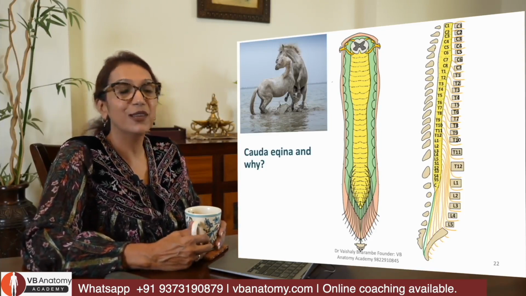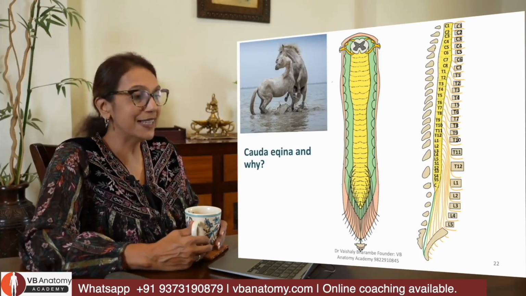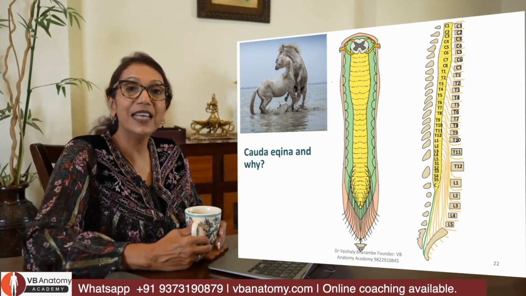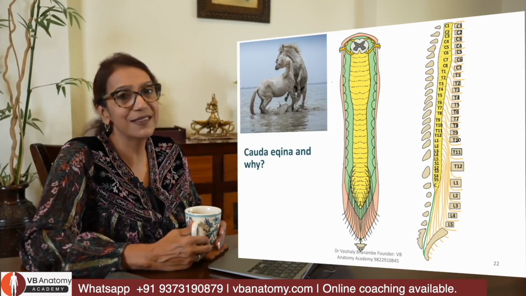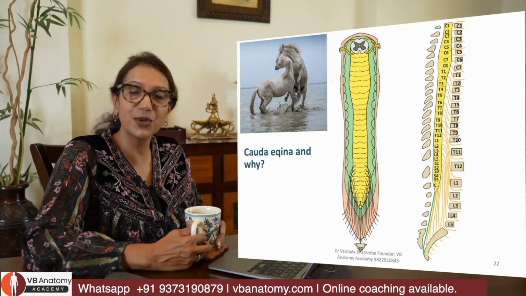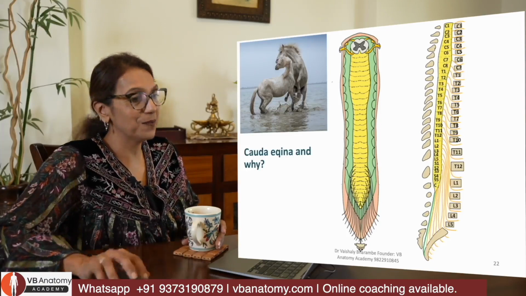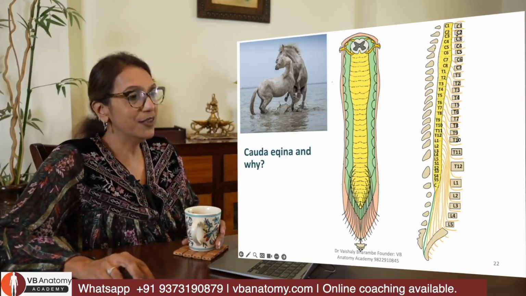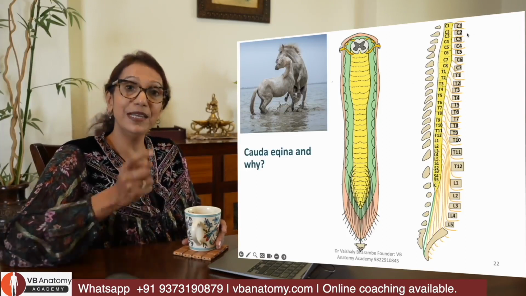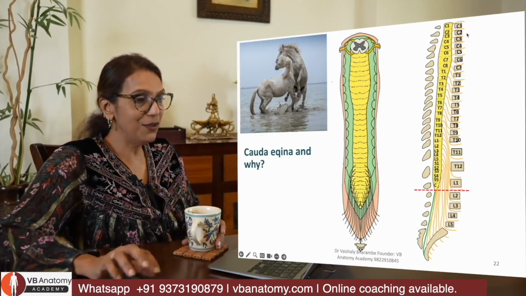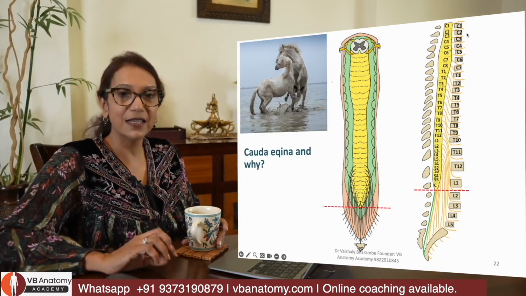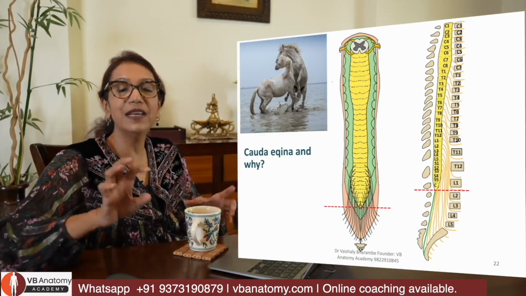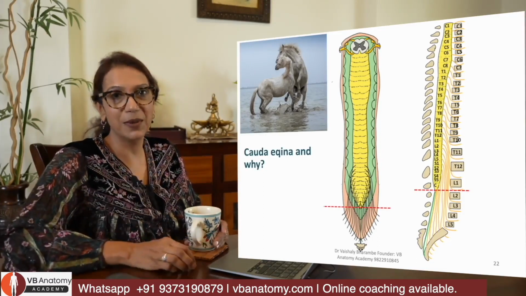So yes, I have put up a couple of horses there and I have written Cauda equina, meaning the tail of a horse. How does a horse come into discussion on spinal cord? Come, take a look. The spinal cord gives rise to spinal segments, but it is short. So when at the level of L1 the spinal cord ends, there are still a lot of nerves which have to emerge out of their individual intervertebral foramina.